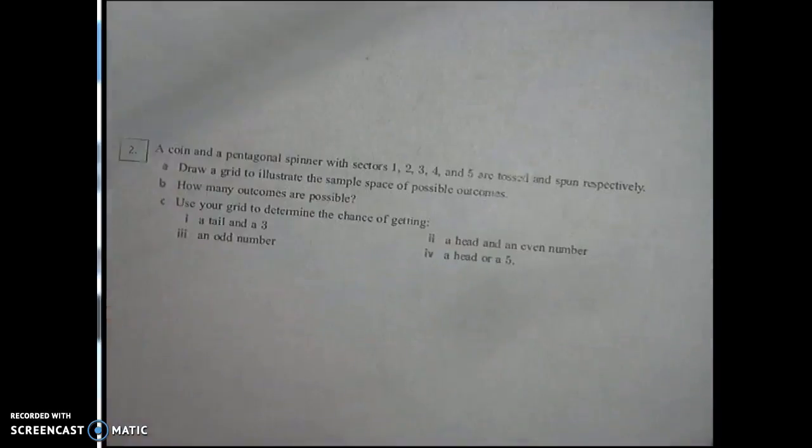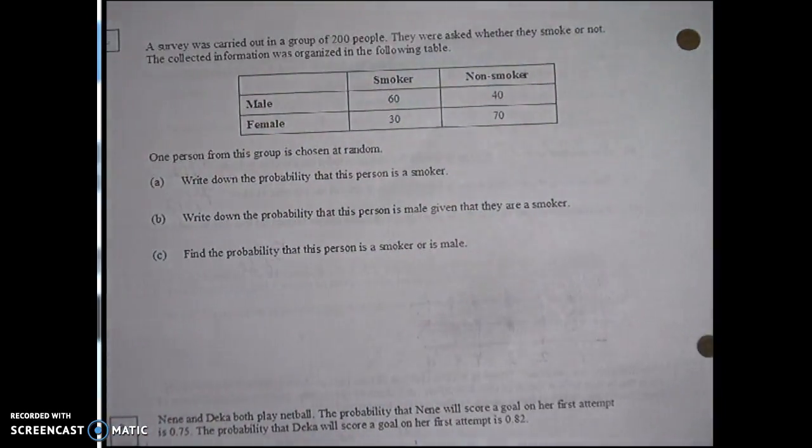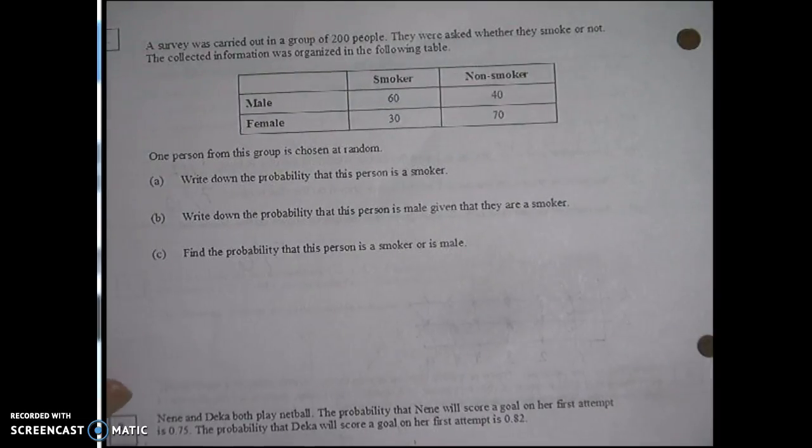Let's do a couple more. Right here, a survey was carried out on a group of 200 people. They were asked whether or not they smoke. And then we gathered the information in a table. We're going to pick one person at random. We're going to find the probability that that person is a smoker.